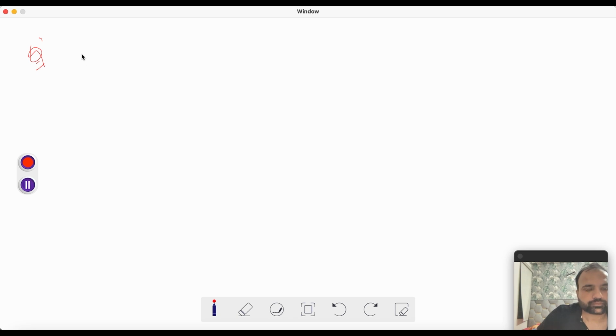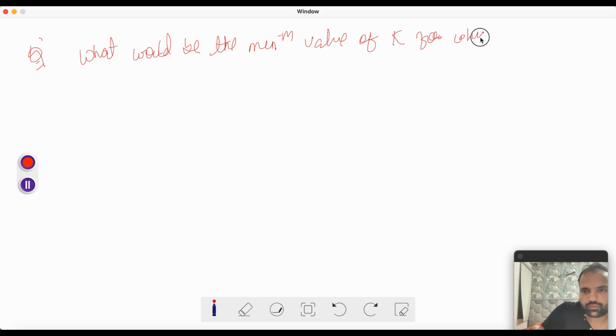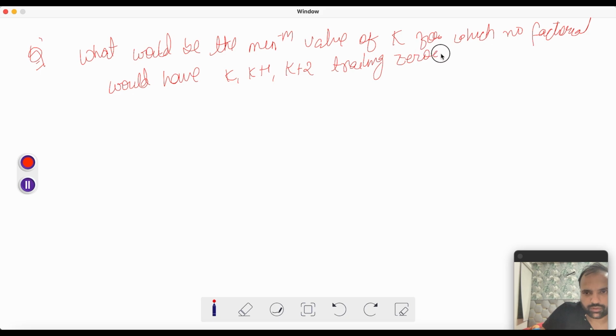Let's say, what would be the minimum value of k for which no factorial would have k plus 1, k plus 2 trailing zeros? Now see, this is a general rule.